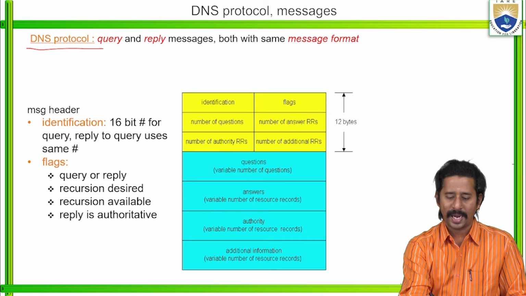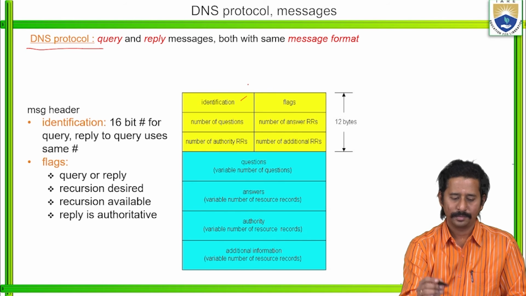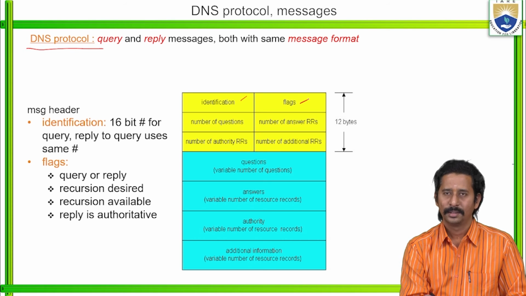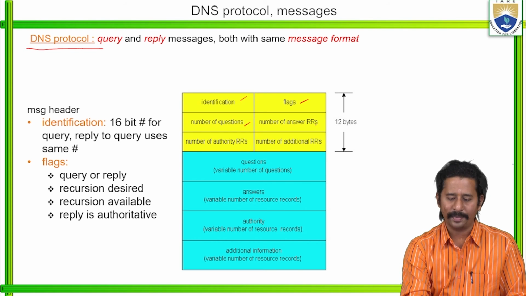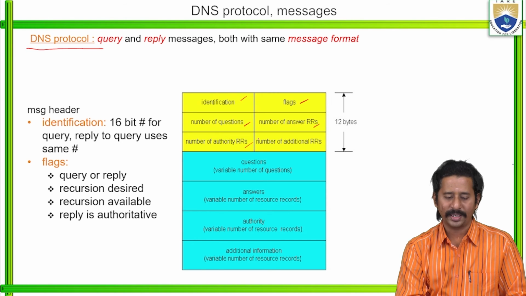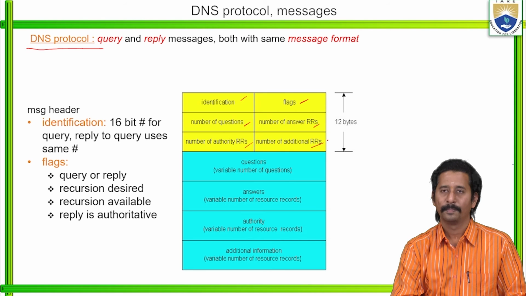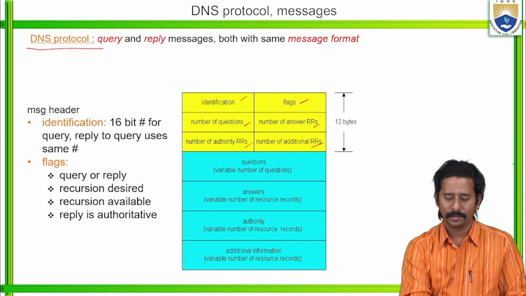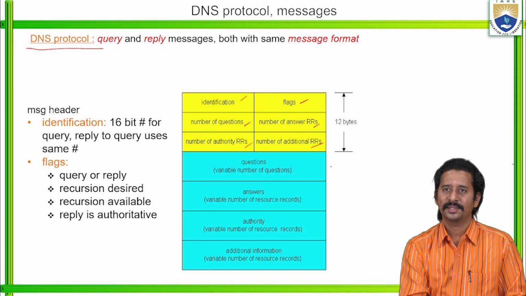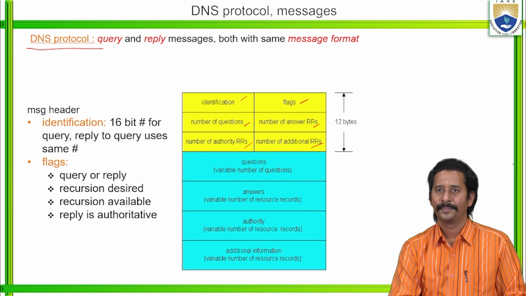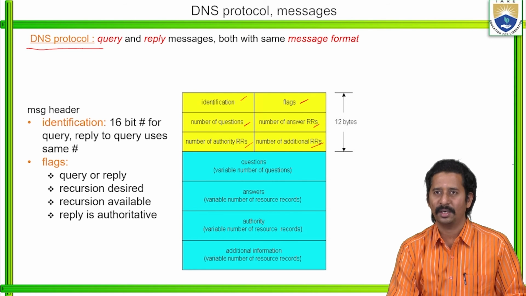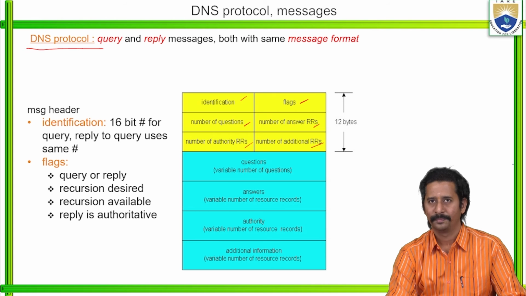At the top, identification, then various flags, then number of questions, number of answers, number of authority and number of additional records. Questions is a variable number of questions, answers a variable number of resource records, authority a variable number of resource records, and then additional information.